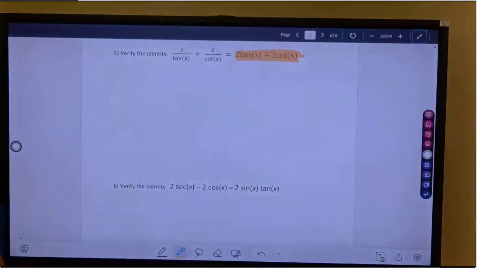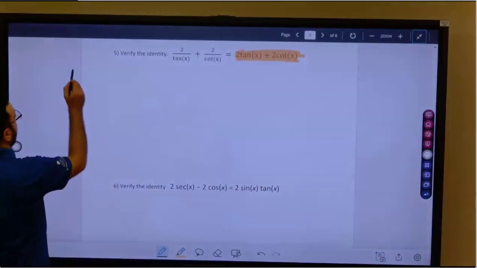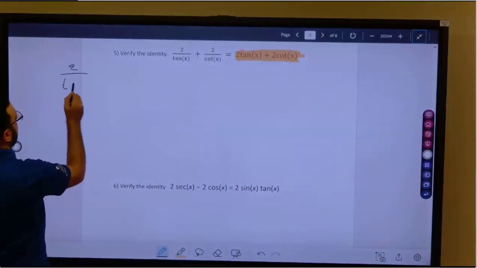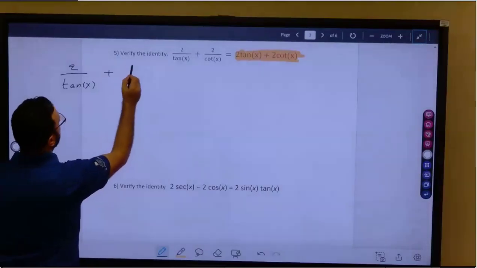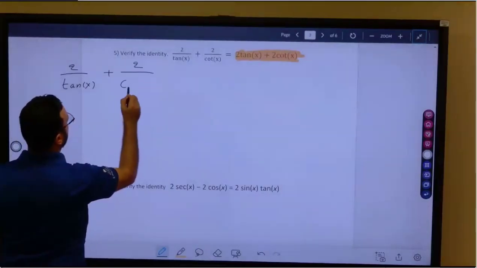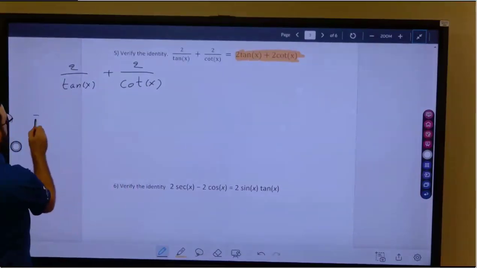tangent x plus 2 cotangent x. So I'm going to start from 2 over tangent x plus 2 over cotangent x. And again, it's the same thing.